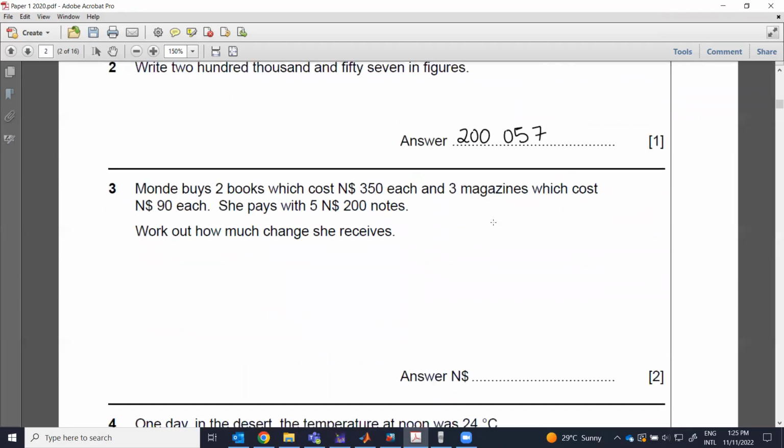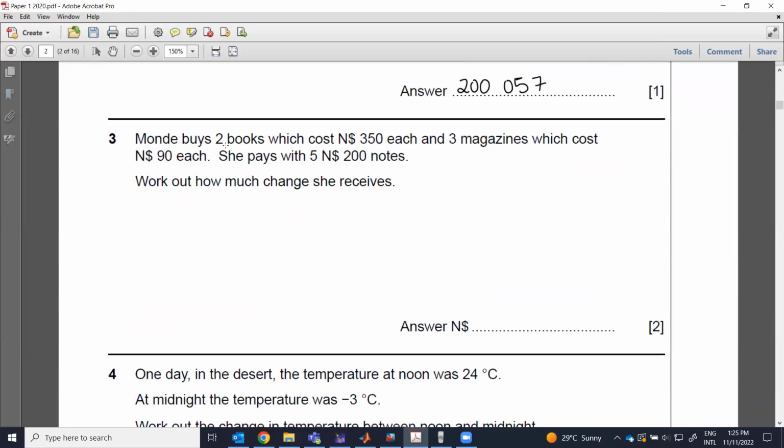Then number 3, Monday buys 2 books which cost 350 each, and 3 magazines which cost 90 each. She pays with 5 $200 notes. How much change will she receive? So first we calculate how much she needs to pay. She buys 2 books, 350 each, so 350 times 2, and then we add the cost for the magazines.